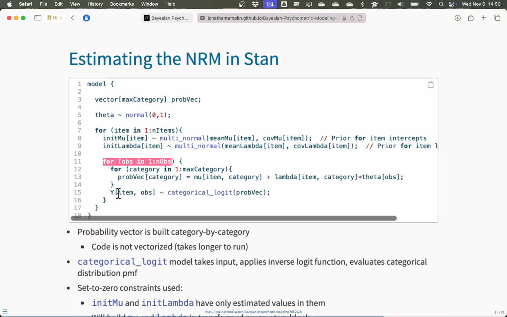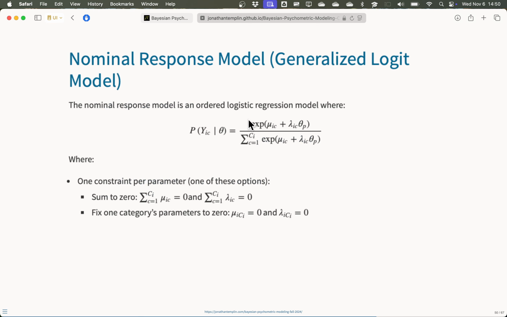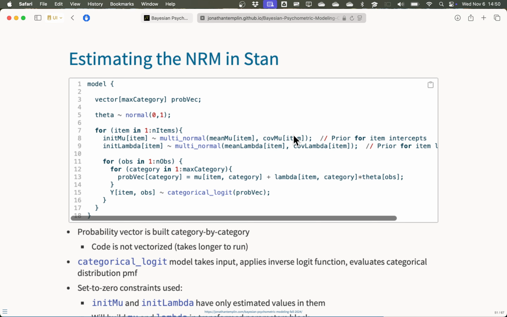So here I'm looping over each item and each observation, and it turns out STAN has a nice function called the categorical logit that does the work for us. So what we do with the categorical logit basically is the following. We provide the linear predictor, and STAN will put into the response the entire probability itself. So here our linear predictor I define as probvec, and I create that linear predictor. Probvec, by the way, has 1 probability for each category, right?